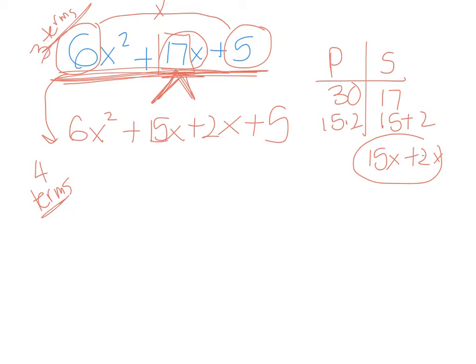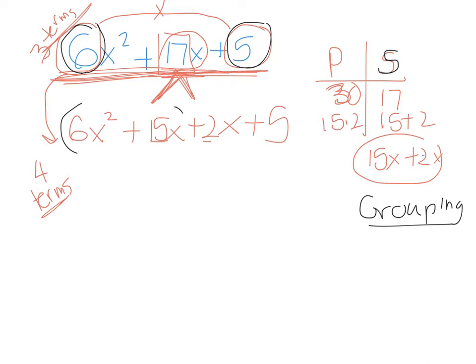How did we get 15 and 2? By doing the product and sum, the product always being the first one multiplied by the last one, sum being the same as it was before, the one in the middle. Now that we have 4 terms, we're going to do grouping. So I will group the first 2, and I'll group the second 2.